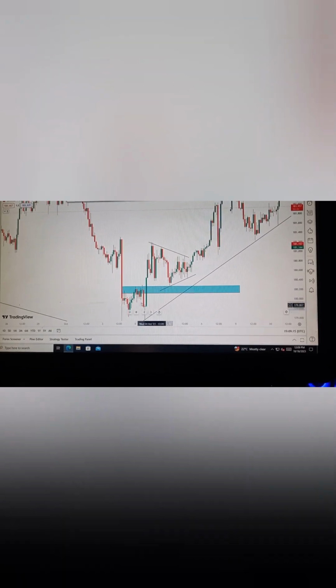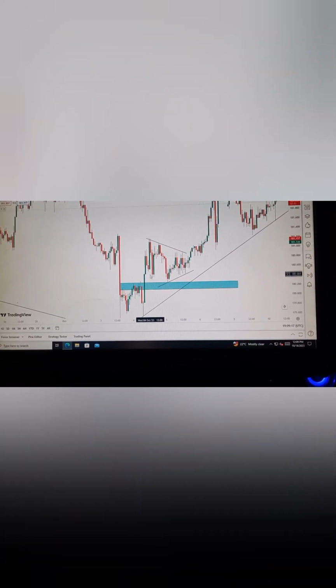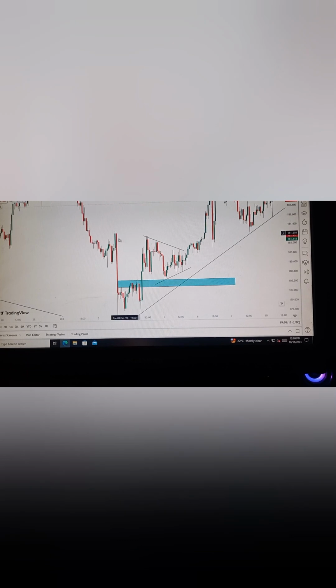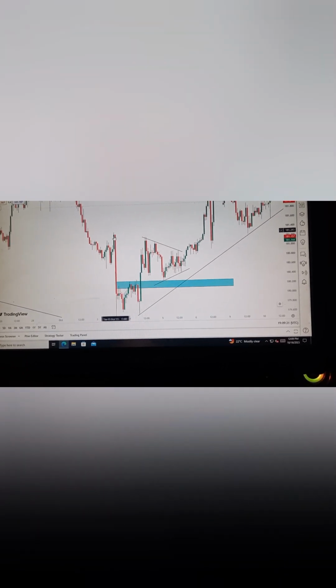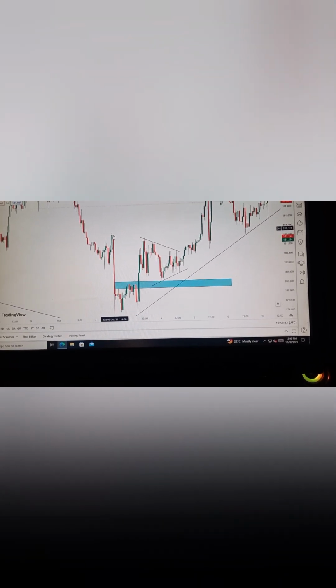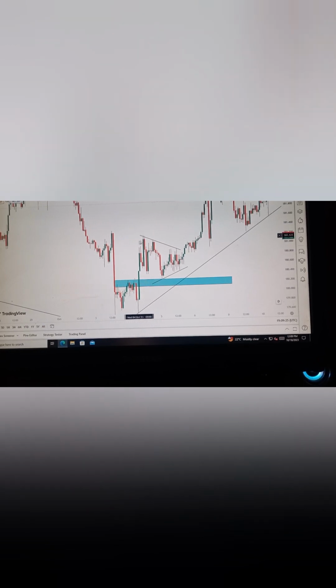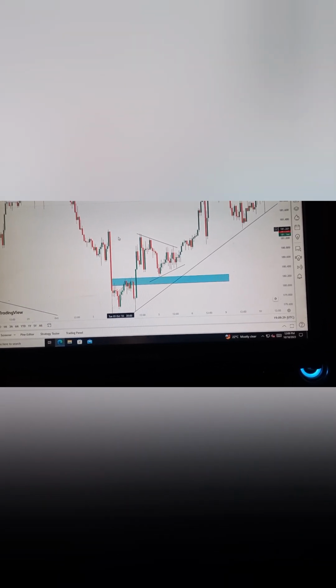So what we saw here is that 4 hour nice impulsive candle, and we came straight to this area of resistance. Price tapped into that area, and we knew that sellers were in control.